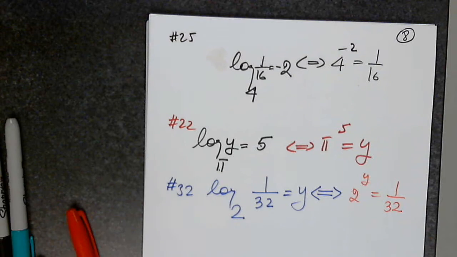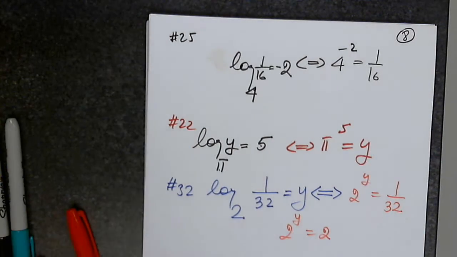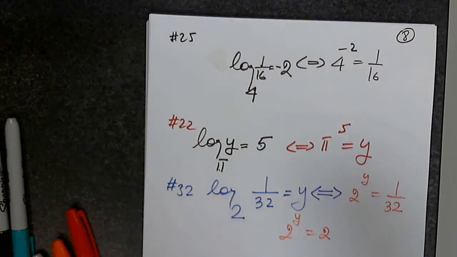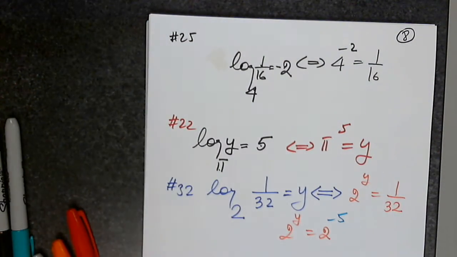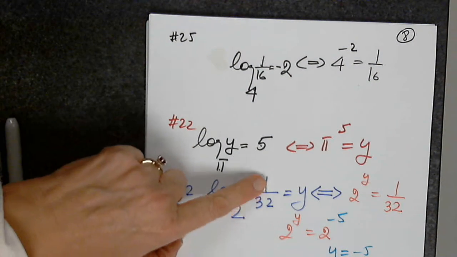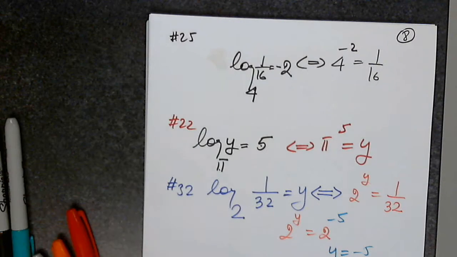I know how to solve this as long as the other side has the same base. What base? 2. Very good. So 2 to y equals 2 raised to blah, blah, blah. Raised to what? It's a fraction, so then the power must be negative. So then how much is y? In other words, log base 2 of 1 over 32 is? That's it. That's the answer.